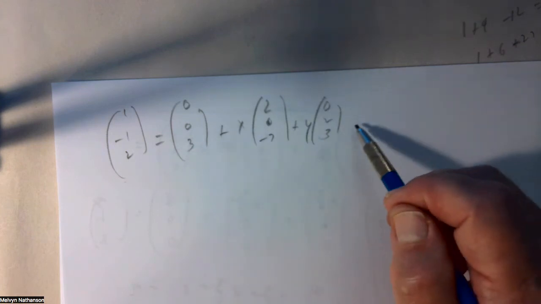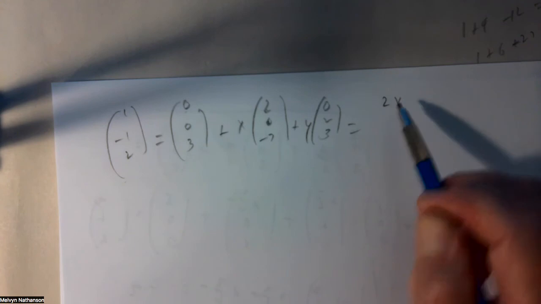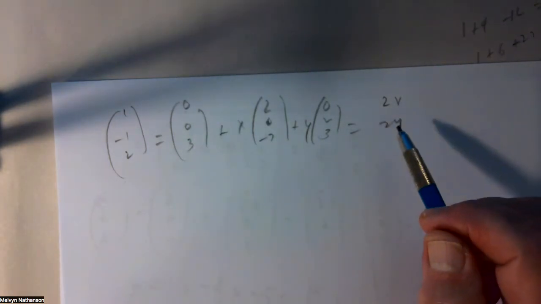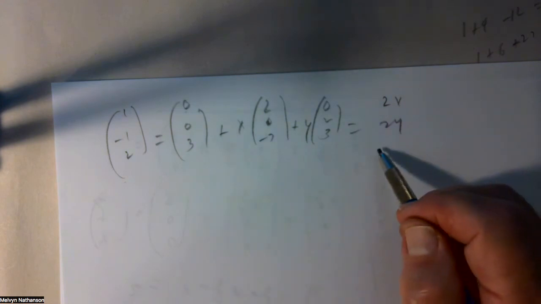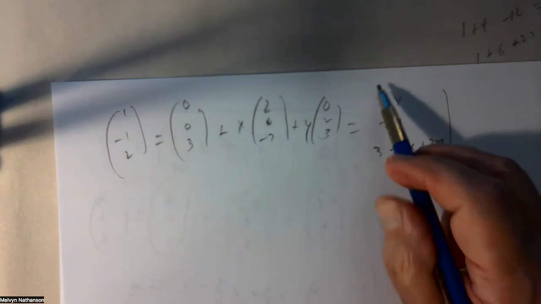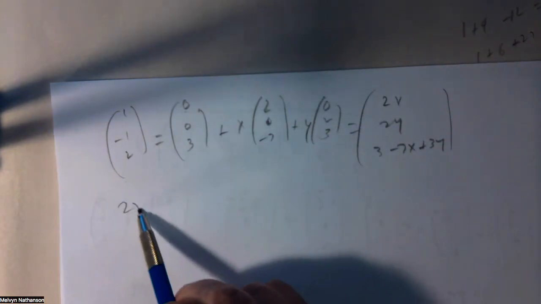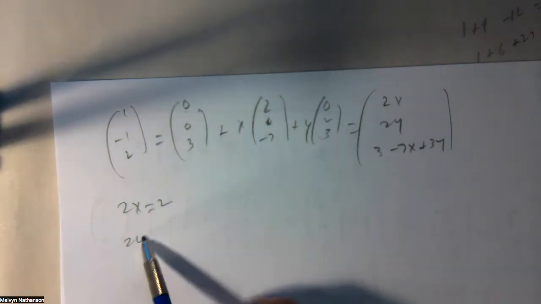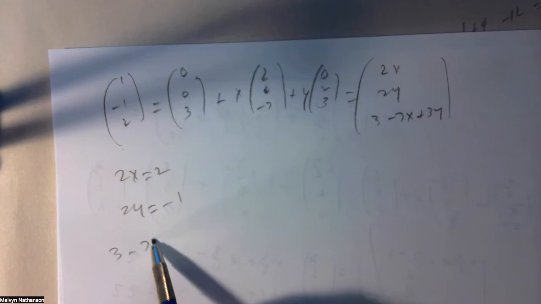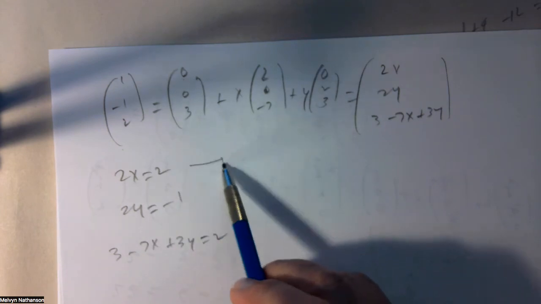If I add up these vectors, I get 0 plus 2x plus 0. That's 2x. The second coordinate is 0 plus 0 plus 2y. And the third coordinate is 3 minus 7x plus 3y. So I want 2x to be equal to 1, 2y to be equal to minus 1, and 3 minus 7x plus 3y equal to 2.